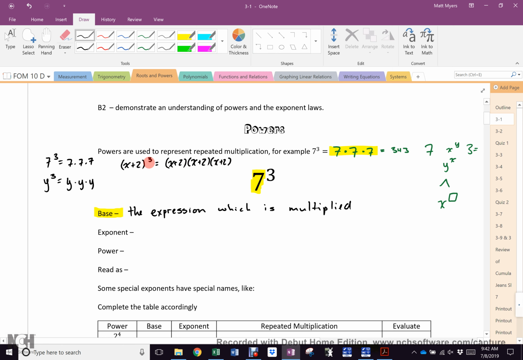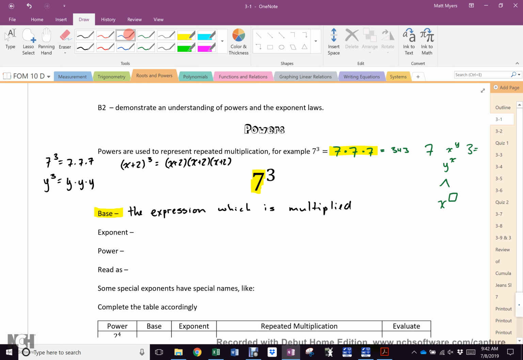Whatever is down there is repeated that many times. That is the base. It might be a variable. It might be an expression. It might be a number. It might be 3 or 4 numbers put together that you then take that whole result and put it to an exponent. Does everybody understand what the base is? Okay, it's the expression which is multiplied.